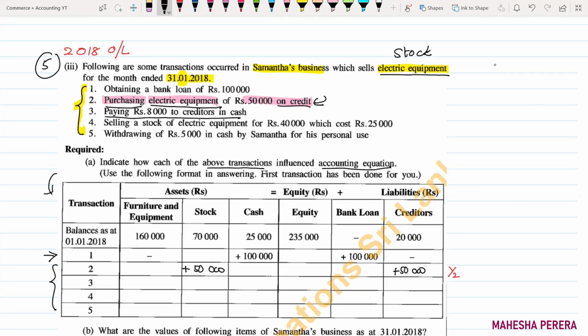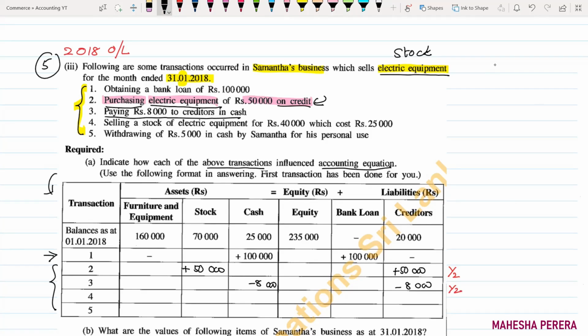So under cash, I write minus 8,000. When you record values, make sure to align the numbers. Then under creditors, we write minus 8,000. Again, half mark.